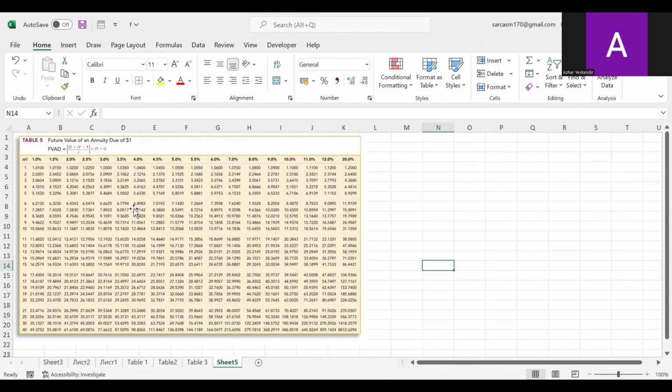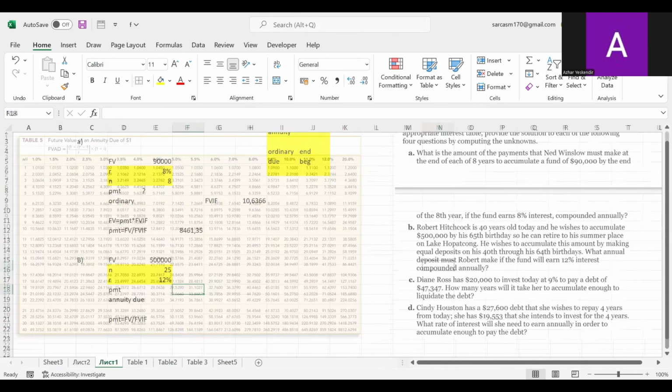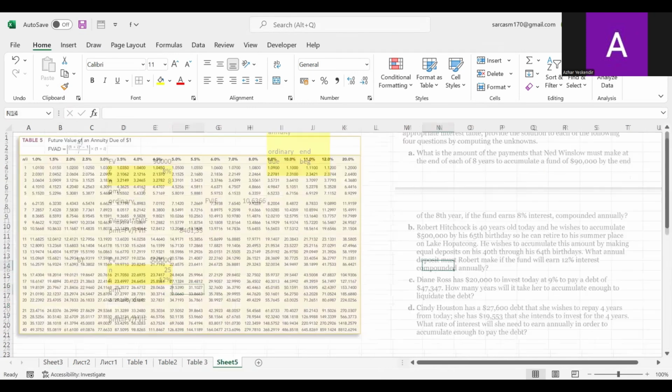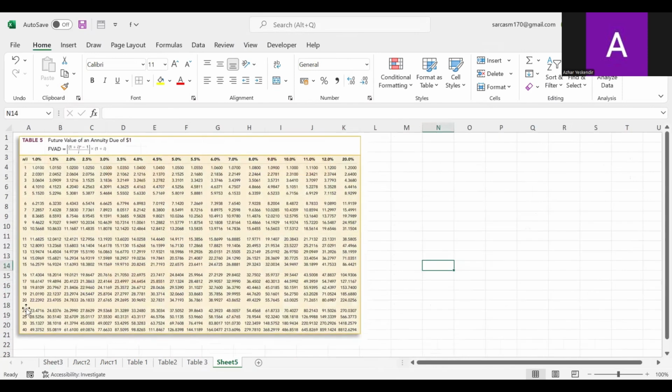Here is the thing we need, the future value of an annuity due. 25 years and 12%, so it's going to be 149.3339.